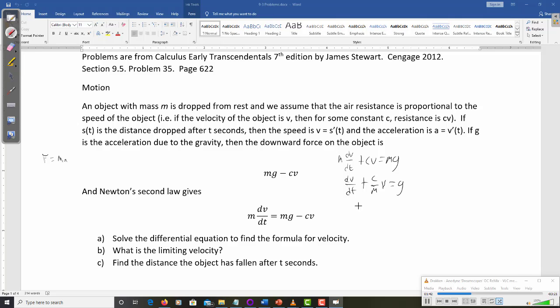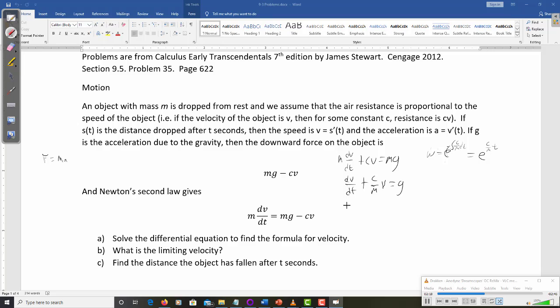So this is a linear equation, and we already know the solution. You have to find the integrating factor, which is easy enough. I don't really want to call it v of t now, so I'll call it w. w equals e to the integral of c over m dt. Since that's just a constant, it's e to the (c over m) t.